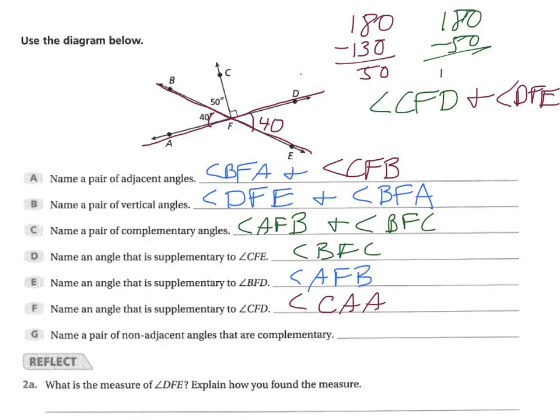So that one's 40. That means BFC is 50, DFE is 40, those add up to 90, so those are complementary. So my answer is angle BFC and angle DFE.